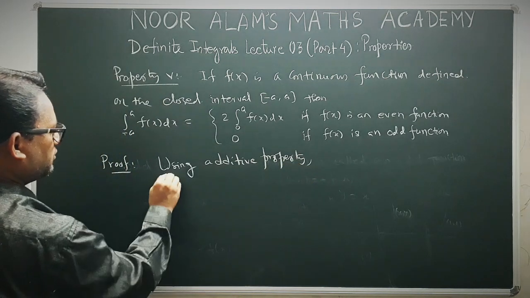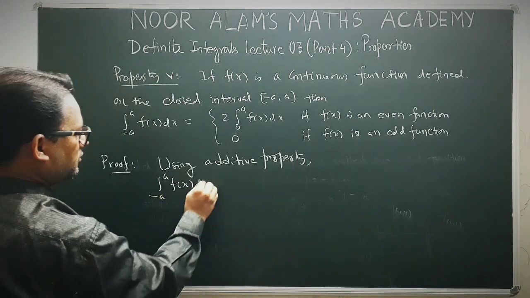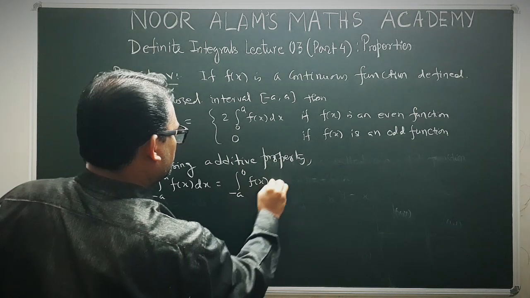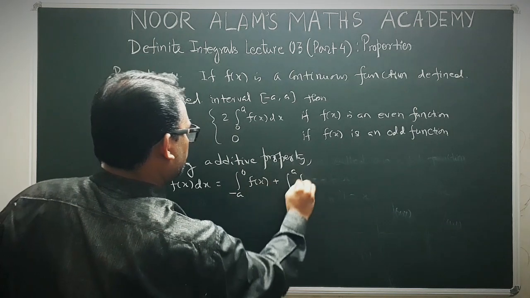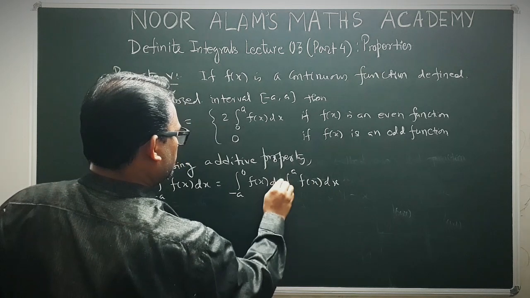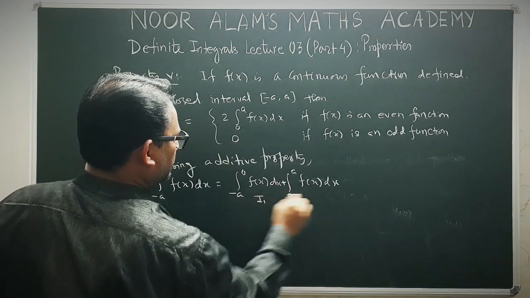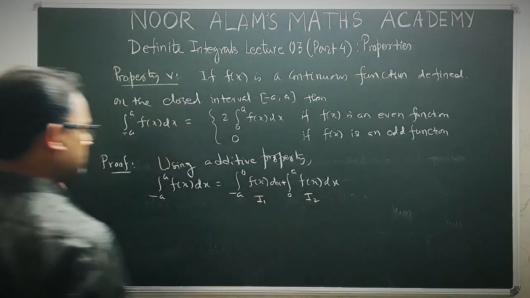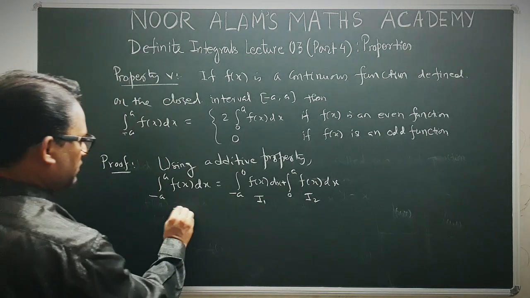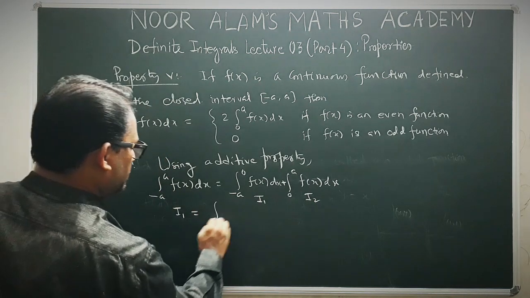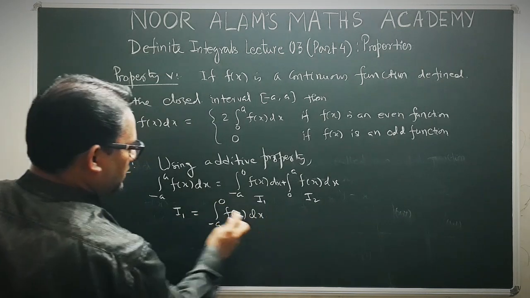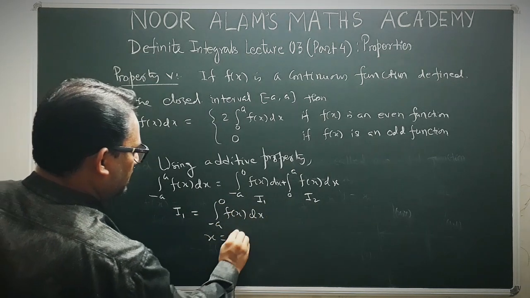the integral from minus a to a of f(x) dx can be written as the integral from minus a to 0 of f(x) dx plus the integral from 0 to a of f(x) dx. Now this is integral I1, and this integral is I2. In I1, the integral from minus a to 0 of f(x) dx, I change the variable x to minus t.